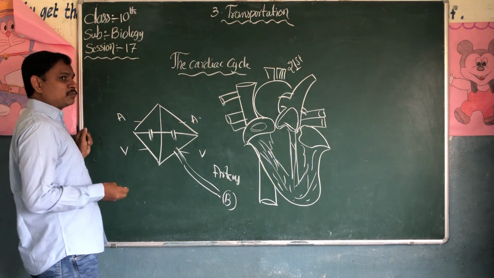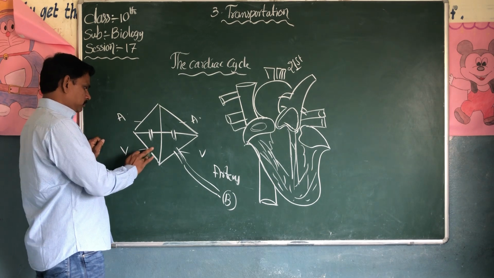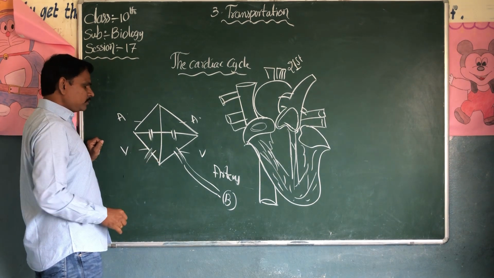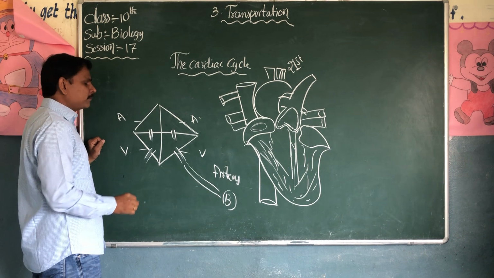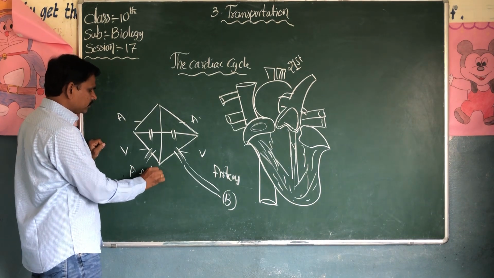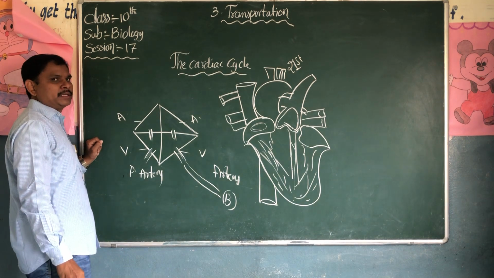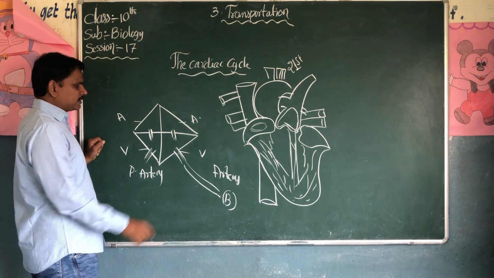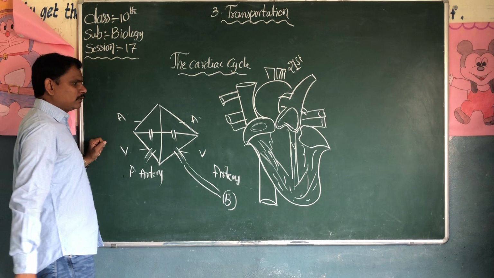One more valve is present between the right ventricle and pulmonary artery. Systemic valve and pulmonary valve.